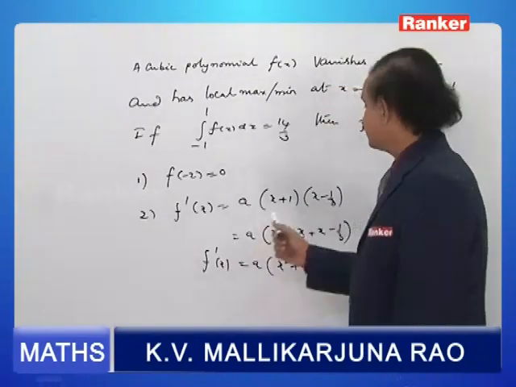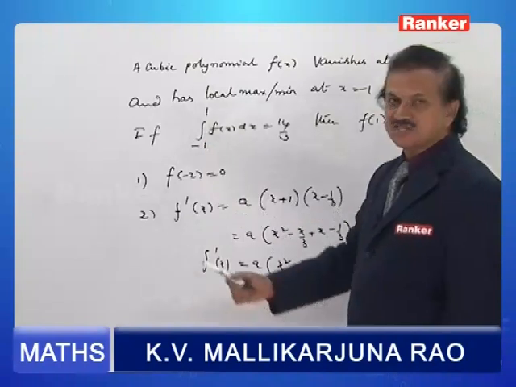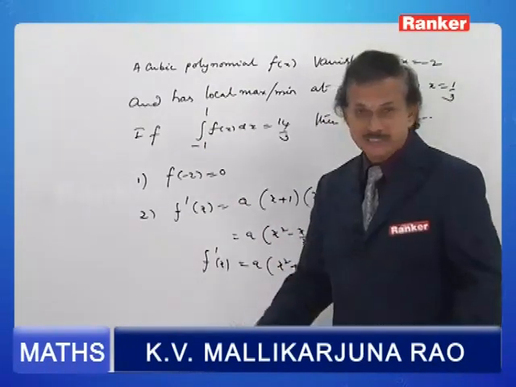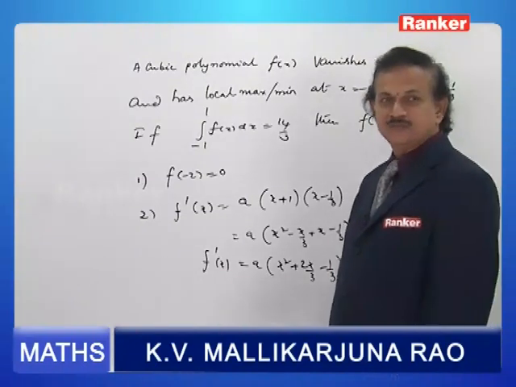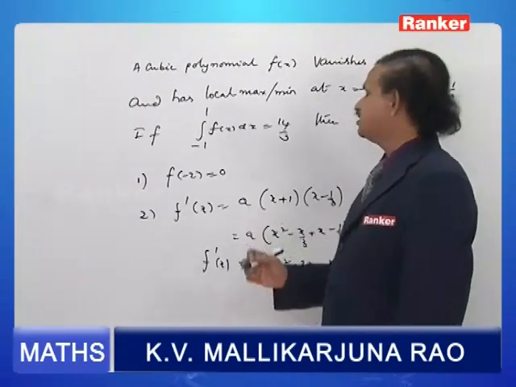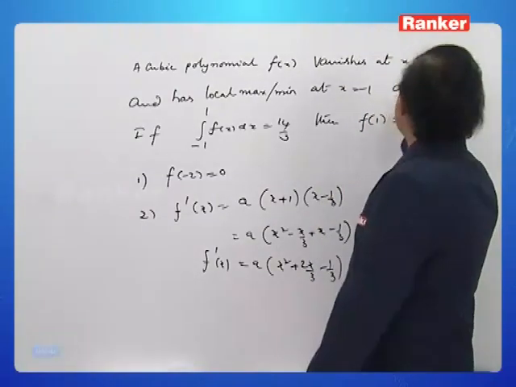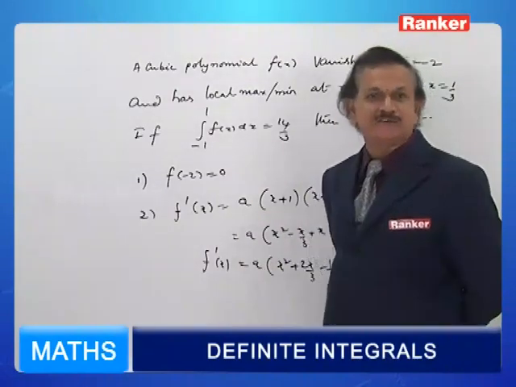How can you make use of that? If he says that f dash x vanishes at x equal to minus 1 and x equal to 1 by 3, isn't it? So f dash of minus 1 is 0. So x plus 1 is a factor of f dash x. Similarly, x minus 1 by 3 is a factor of f dash x.